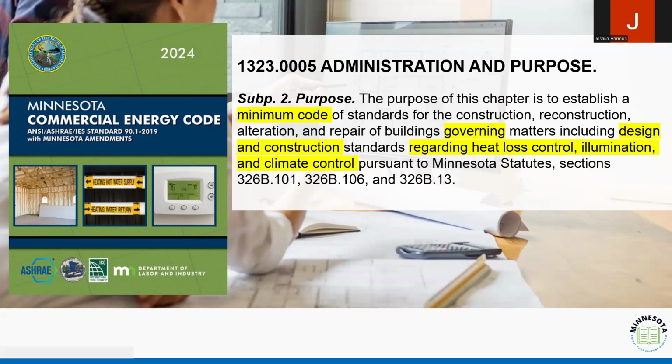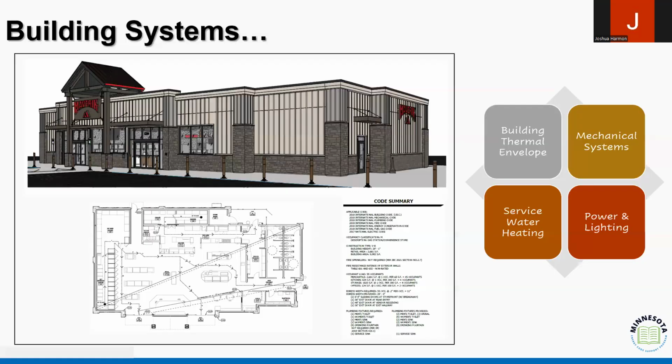Now, it's not about one energy source versus another. It's all about how to make that building the best building it possibly can be, understanding that it's going to be there for a while, right? When we think about those building systems we've talked about before, I see life in a series of simple things, and the simple things here are the four basic pillars of the energy code.